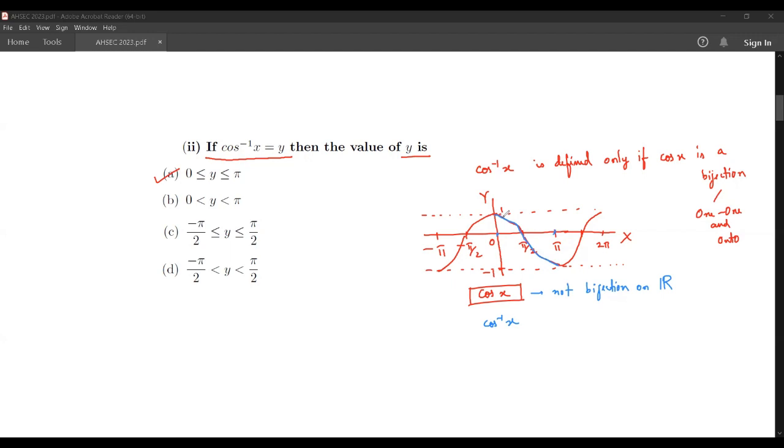So if I take this domain, then your cos inverse will be bijective. So definitely, if I consider this as your y, your cos inverse of x will always lie in 0 to pi. This is also called your principal branch or principal value. The second option is wrong because 0 can be included here.